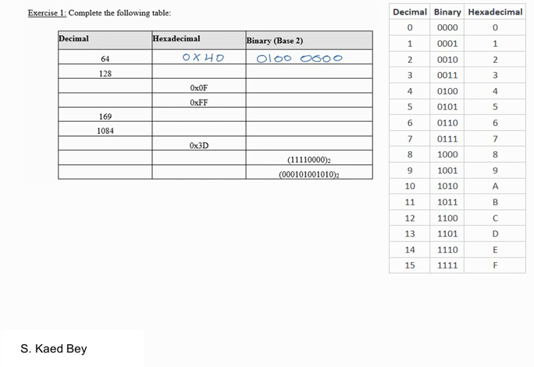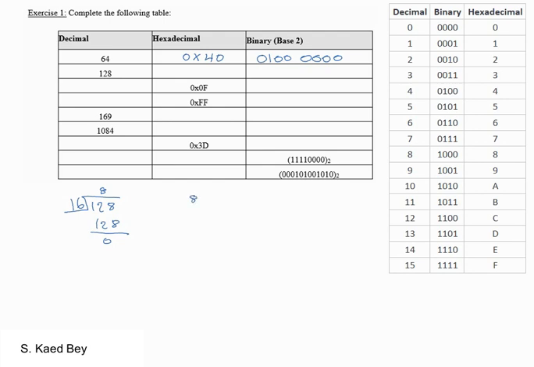Let's do the same thing for the 128. 128 divided by 16. This is 8. And the first remainder is 0. We treat the division as an integer, so we throw away any decimal points.